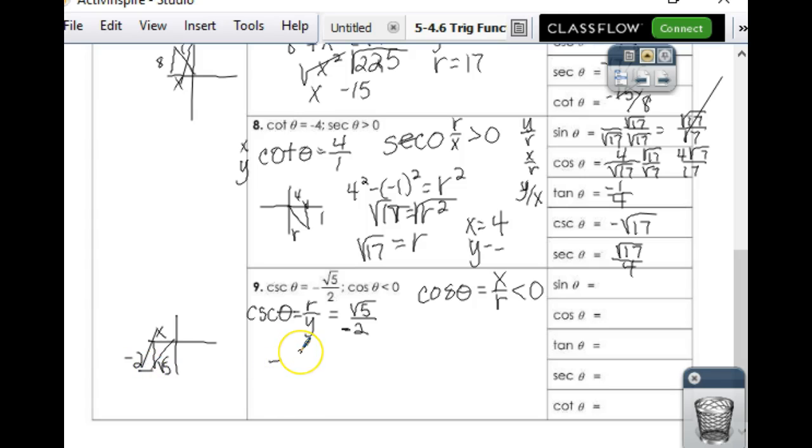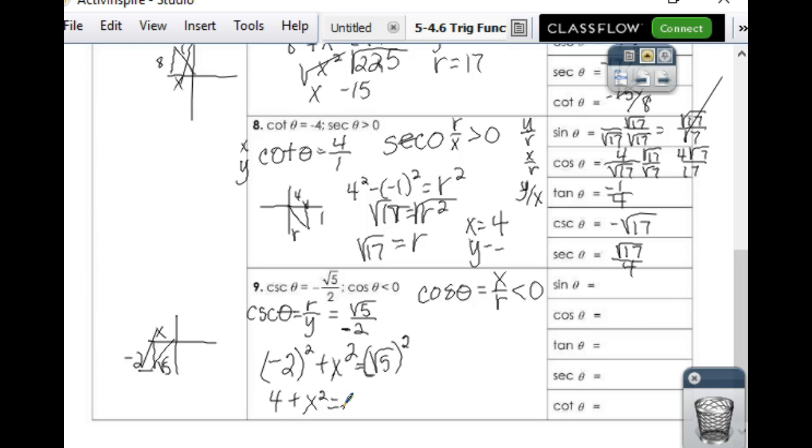So I'm going to get negative 2 squared plus x squared equals the square root of 5 squared. So I have 4 plus x squared.